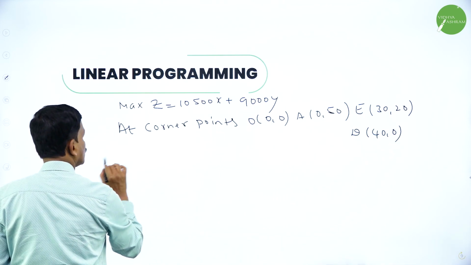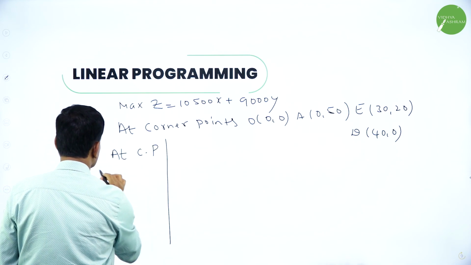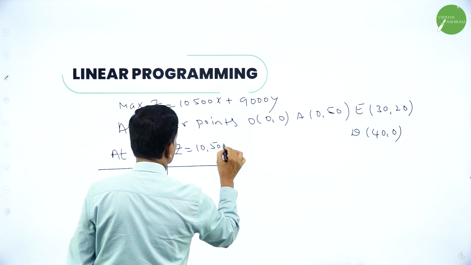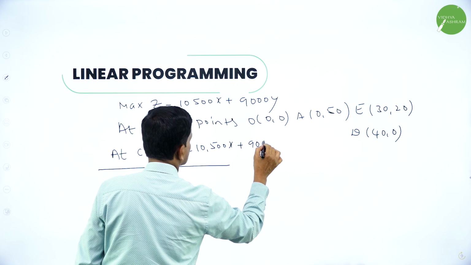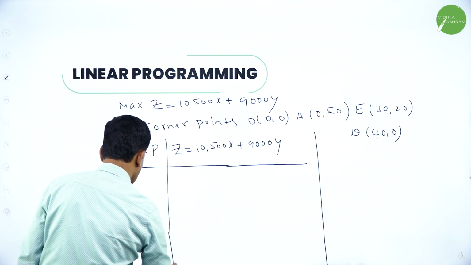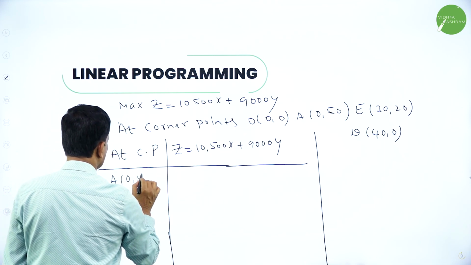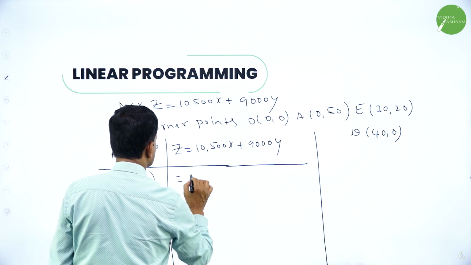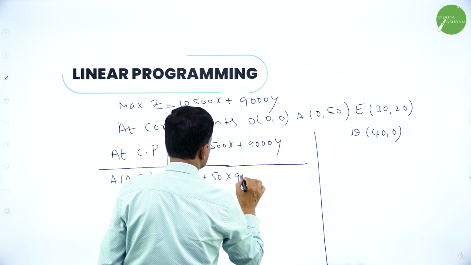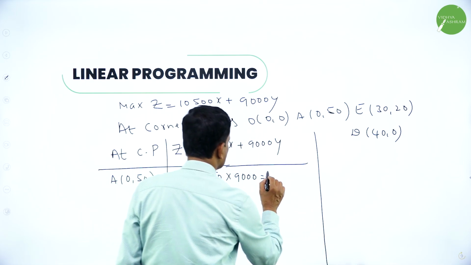Now at the corner points, Z is equal to 10,500x plus 9,000y. Substitute here. At A (0, 50), when x is 0, 50 into 9,000 is equal to 4,50,000.